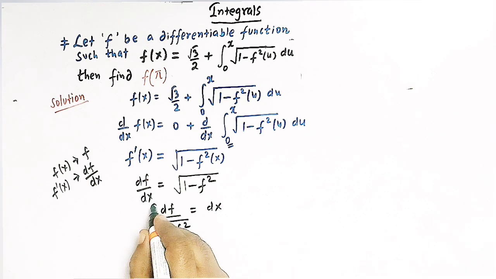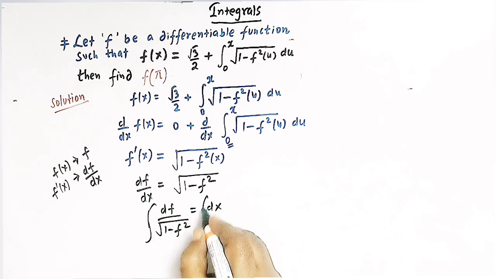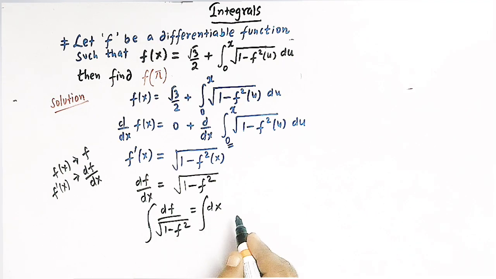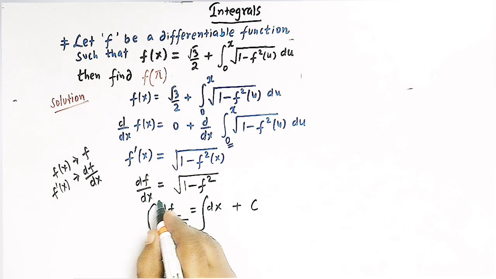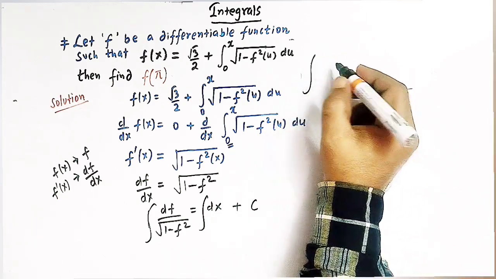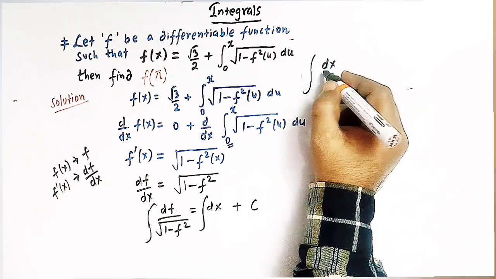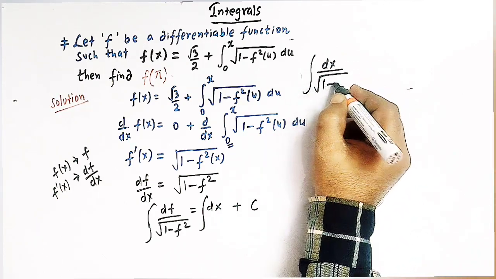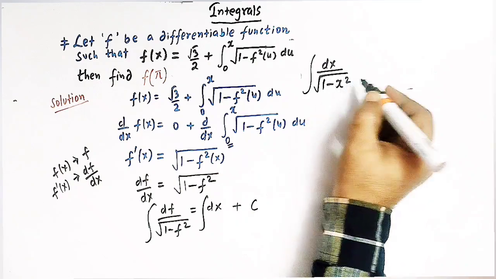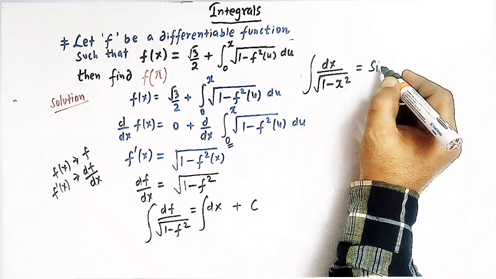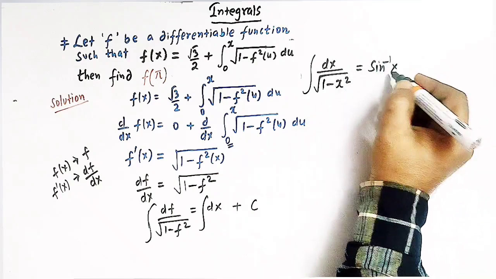Now integrating both sides, with respect to f on the left and x on the right, and c is the constant of integration, right? Now this is a well-known integral, because we know that the integral of dx over square root of 1 minus x square is equal to sine inverse x.